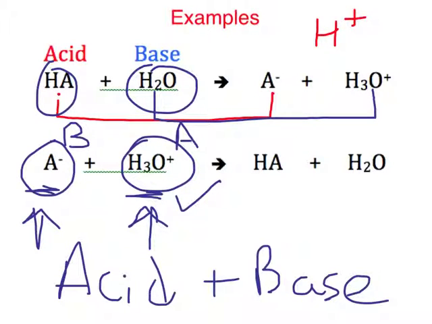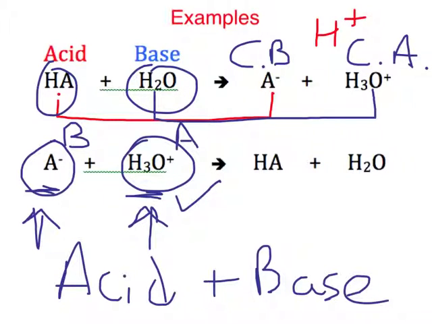And if you look at the other side of the equation, we have what are known as conjugate acids and bases. In the first reaction, we have our acid, HA. Our conjugate base is going to be the A-, and our conjugate acid from the H2O is going to be H3O+. Every Bronsted-Lowry reaction has these parts.